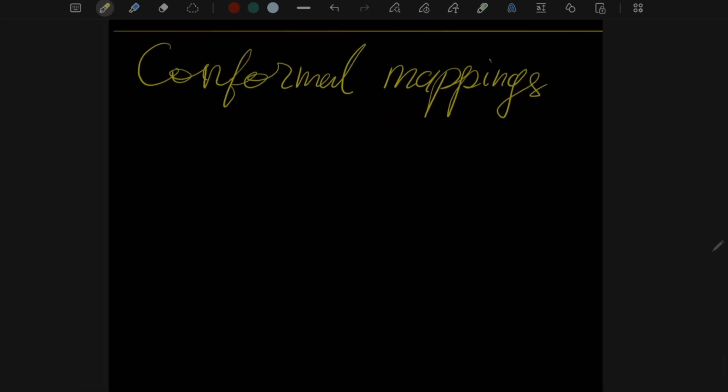Okay, so we have a general setup here. We have our function, a domain, and a curve, a Jordan curve in particular.